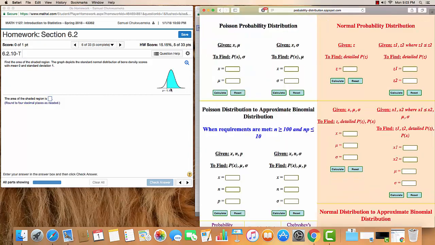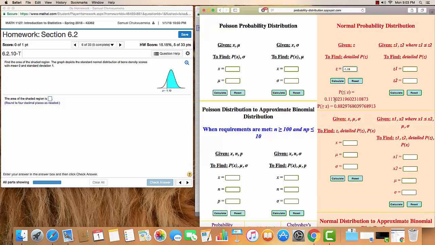And this is, they gave us the z-score, but area to the right. So you just come here, under normal probability distribution, the z, type -1.19, okay? Enter. So with my calculator, I gave you both the left and the right probabilities, area to the left and area to the right.